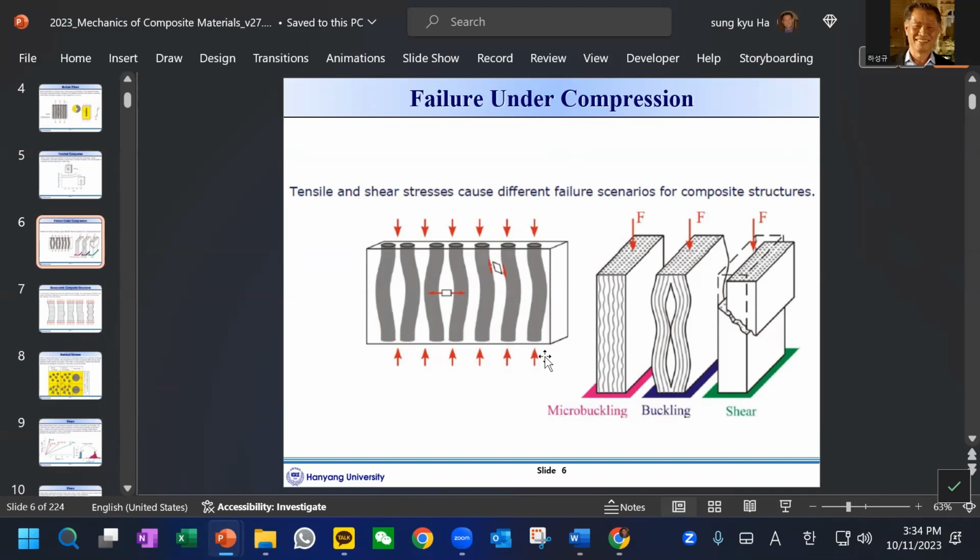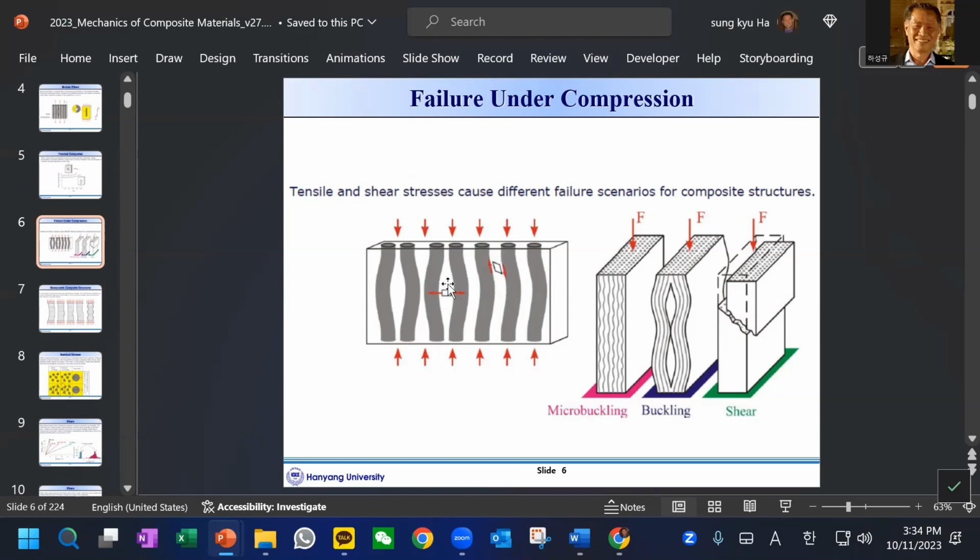The failure mode and the deformation mode can be very complex, but in general, under compression, each fiber looks like a column, and you can easily visualize that this column cannot well support the compression load fiber-wise.